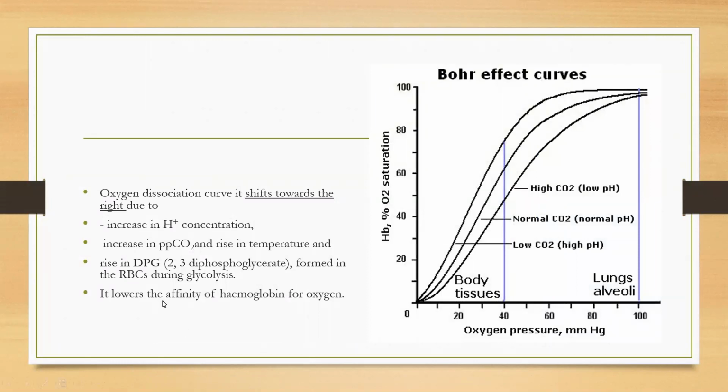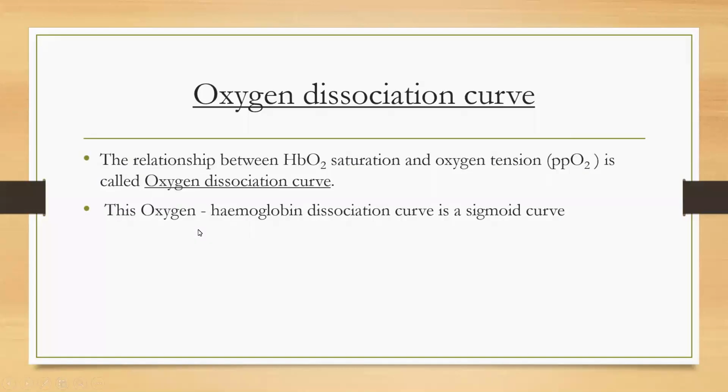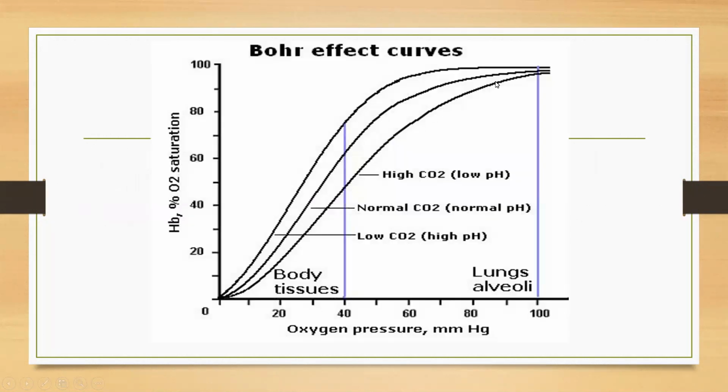Now, the oxygen dissociation curve shifts towards the right due to an increase in H plus concentration. Before that, it is said that the oxygen hemoglobin dissociation curve is a sigmoid curve. We have an x-axis and a y-axis. The x-axis indicates oxygen pressure, basically partial pressure of oxygen.